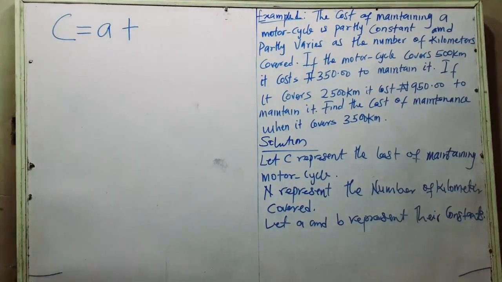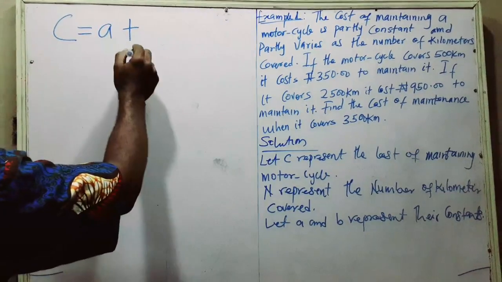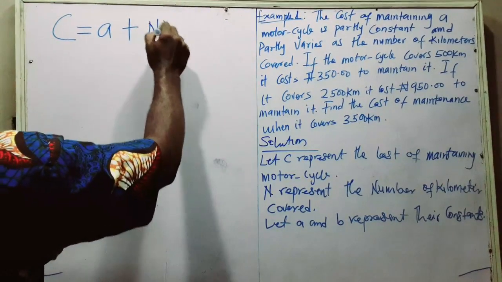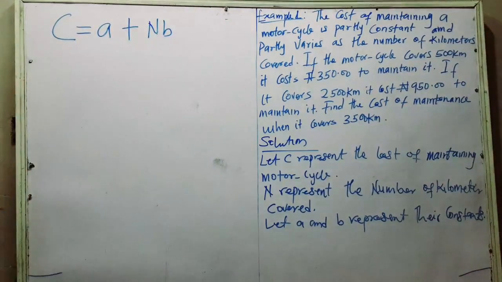Partly varies as the number of kilometers covered. This is the mathematical interpretation of partial variation.